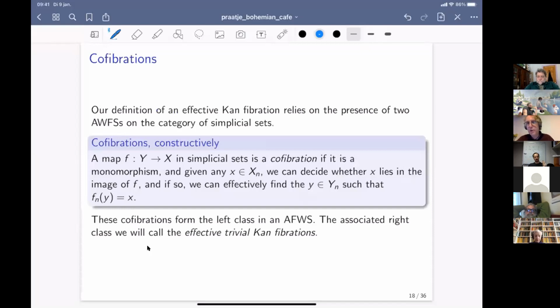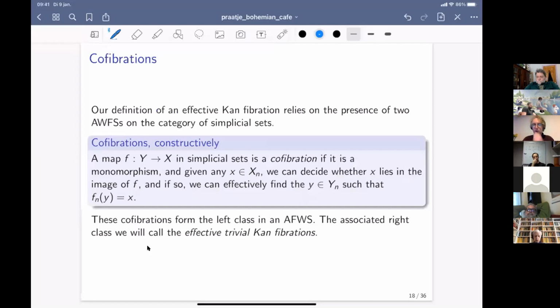Our notion of a cofibration is that a map, which in classical mathematics is just a monomorphism of simplicial sets, for us is a monomorphism of simplicial sets which satisfies a certain decidability condition.